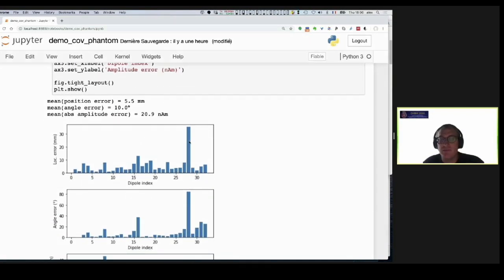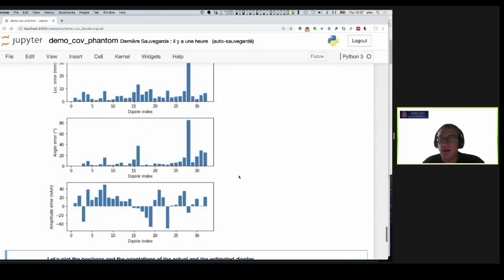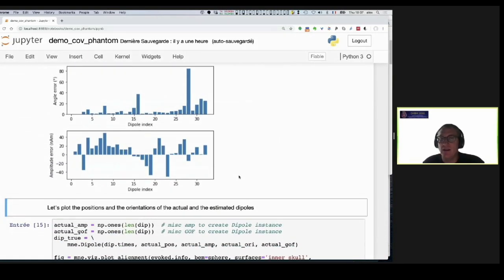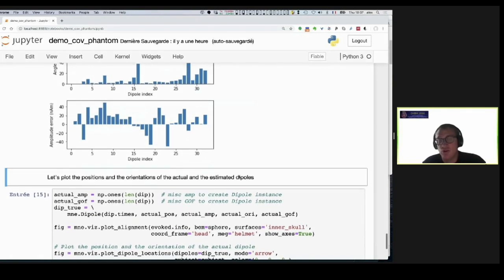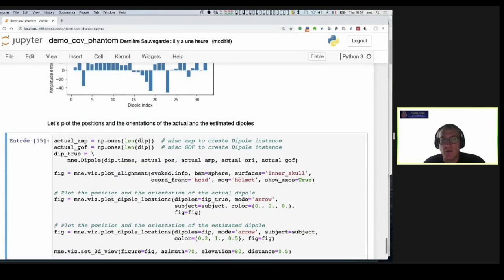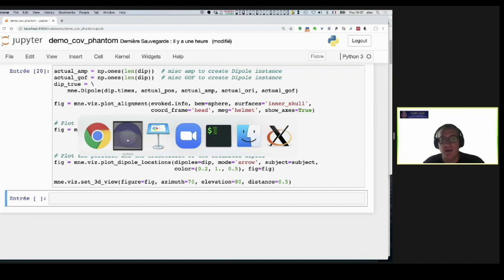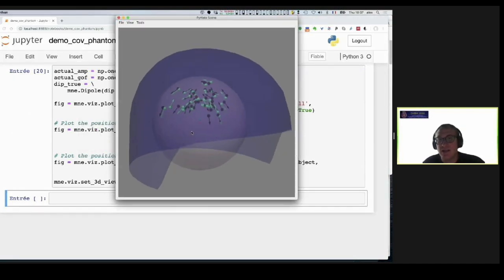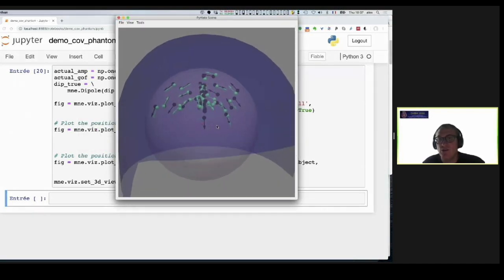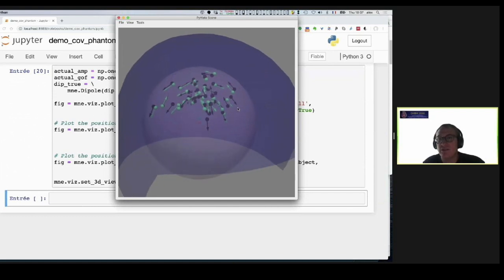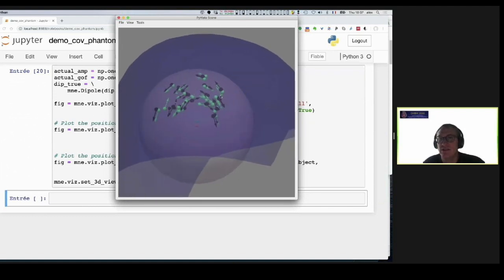You have some dipoles for which you make an error of more than 3 centimeters, and many dipoles for which you make an error on the order of 1 centimeter or more, just by ignoring the fact that you have a noise structure. Here I'm going to show you inside the helmet. It's the same image as before, and you can see that you do make some big errors in some locations, errors that you could not see before.